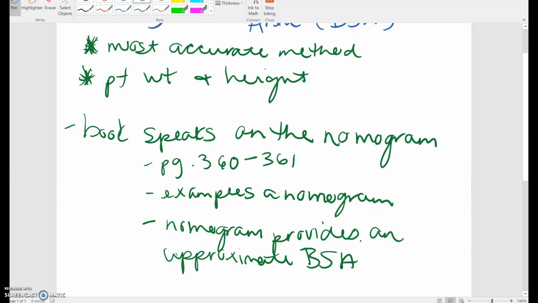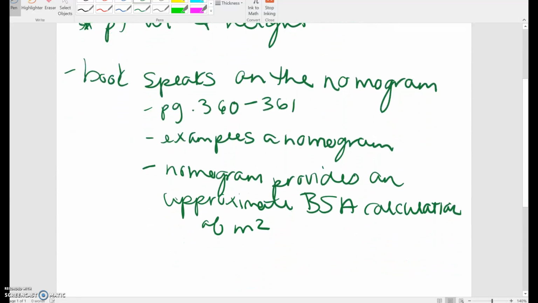And that body surface area calculation has the units of meter squared. All right. So I'm not going to teach you how to use the nomogram because we don't use that in the pharmacy department. All right. We're not going to use the nomogram.